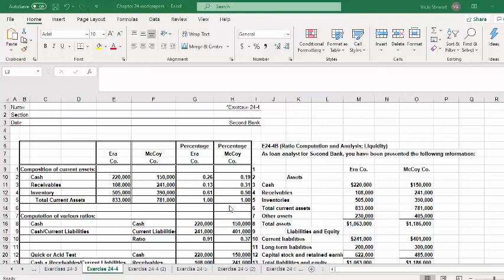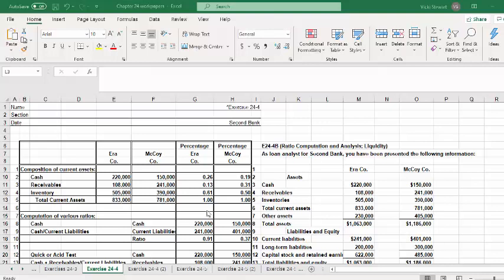So looking just at this information, we see that Era Company has a higher percentage of their current assets in cash. So we know cash is the most liquid, the most easily available to pay back loans, whereas we have to collect receivables and sell inventory and then sometimes even collect the receivables on that. So we're interested in knowing that.